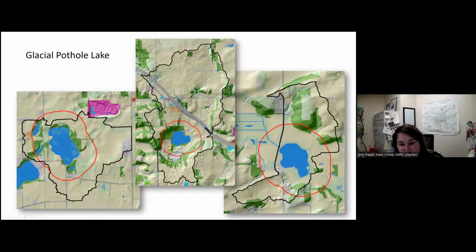This one here, the entire 1,000-foot water quality management area is within the watershed of that pothole lake. And so we would not, in that case, approve anything within that water quality management area. And then this one over here, similar, the watershed is kind of this long, narrow watershed, but we have areas outside, but we do have other water bodies that would have water quality management setbacks from them as well.